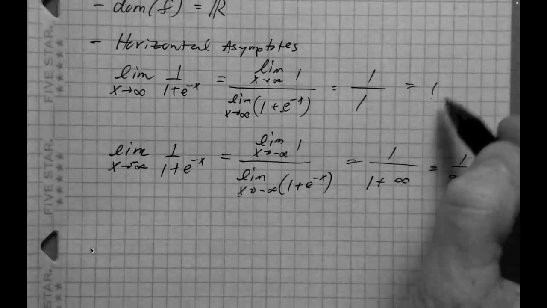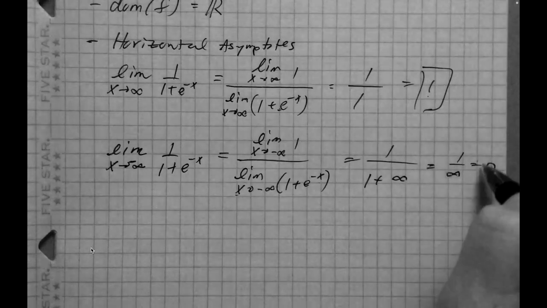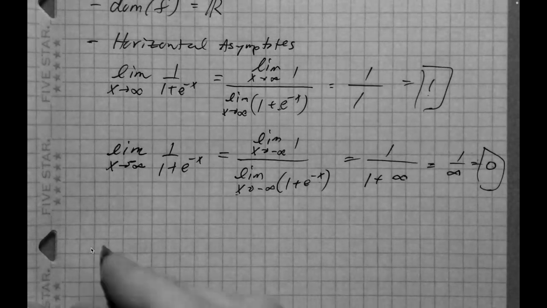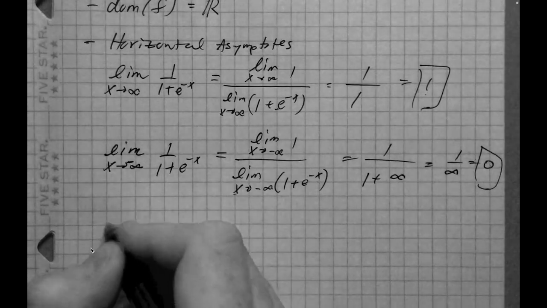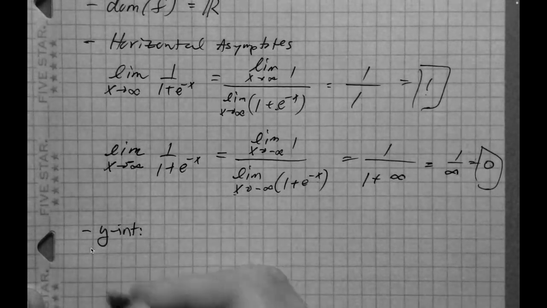Okay, so that's good. That means we've got our end behavior, we've got horizontal asymptotes at y equals 1 and y equals 0. What about, let's see, can we find, where's the y-intercept? So that's easy.